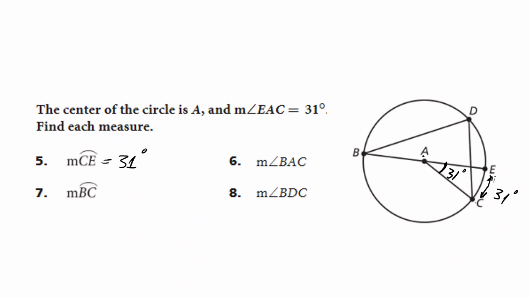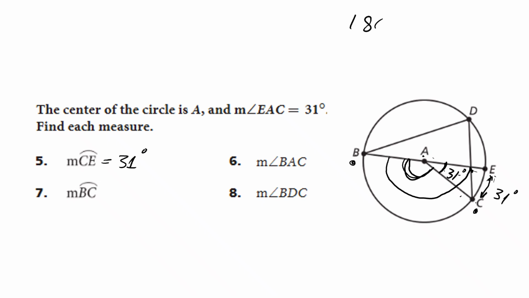Now what is BC? So where is BC? BC is actually from here to here. So first of all, we have to find out the measurement of this angle, right? Now you know that this is the straight angle, right? This angle is a straight angle. A straight angle has a measurement of 180 degree. So if it is 180 degree and this already EAC is 31 degree.